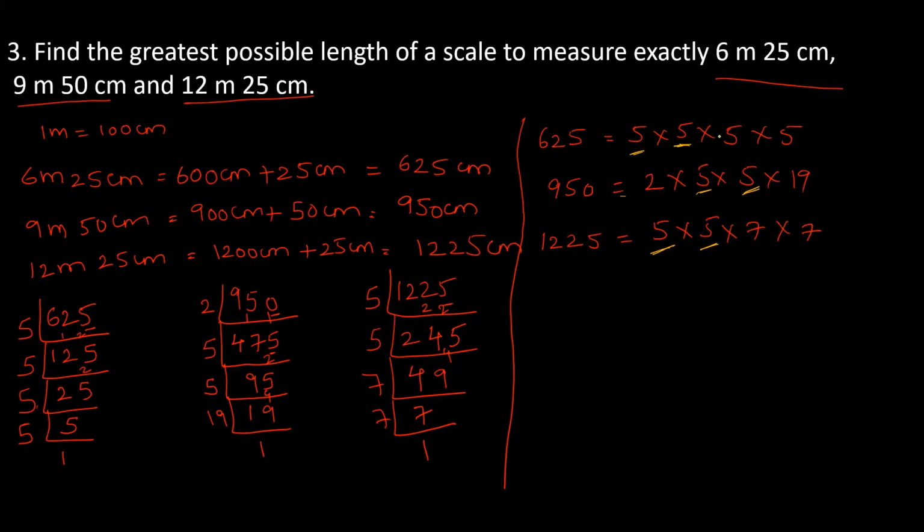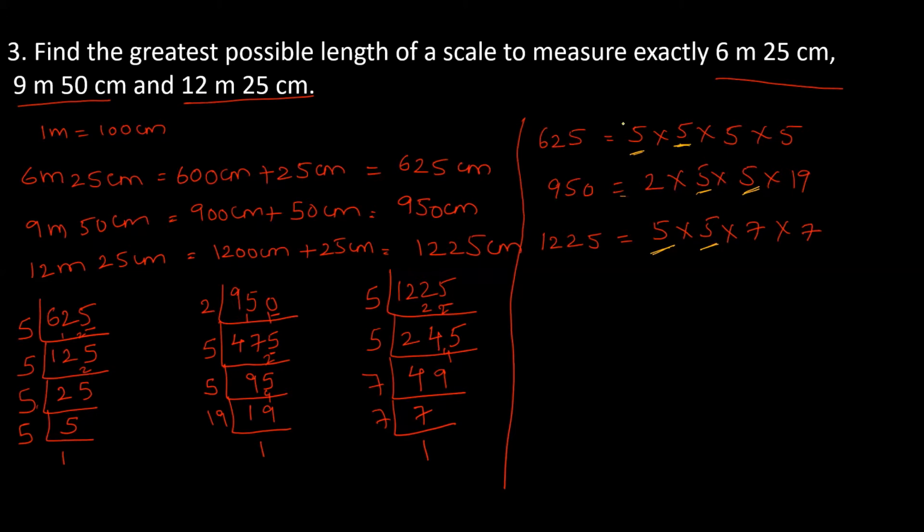Then again in the prime factors of 625 we have 5, but in the prime factors of 950 and 1225, we don't have another 5. So these are the only two factors which are common in all three numbers.